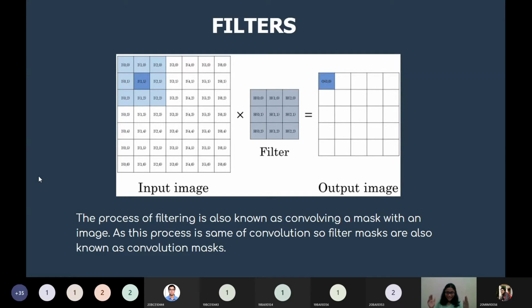Without wasting any time, let's move further with the concept of filters that Pranav just gave you a small introduction about. Computer vision is everywhere in our daily life. When we talk about the term filters in general, what is the first impression you get in your head when you hear the term filter?